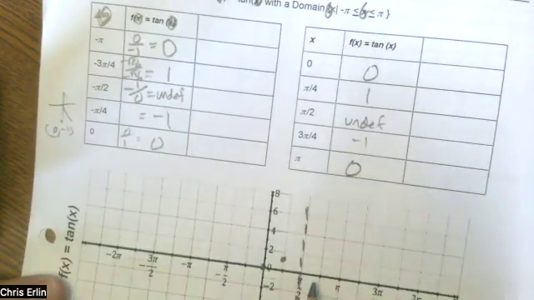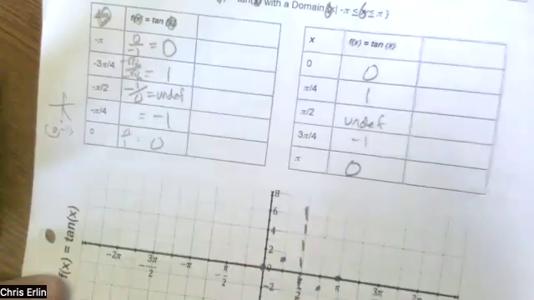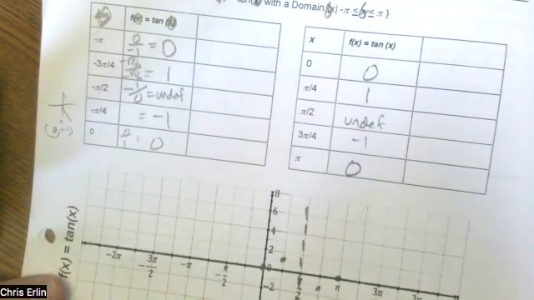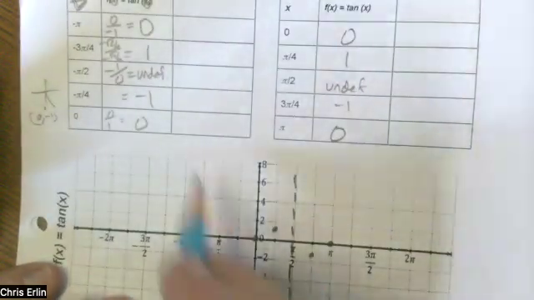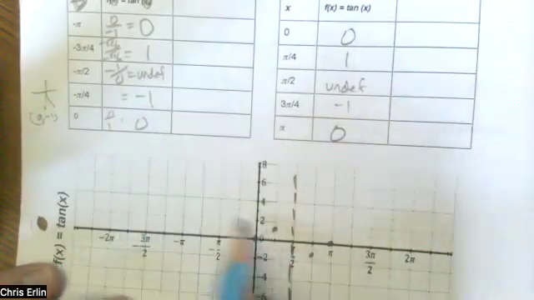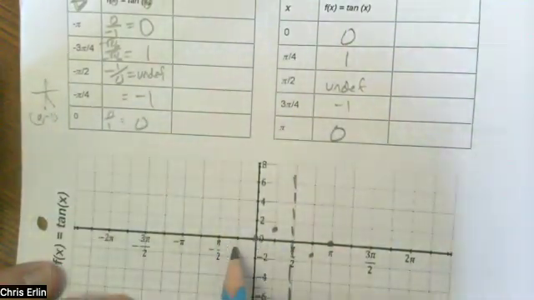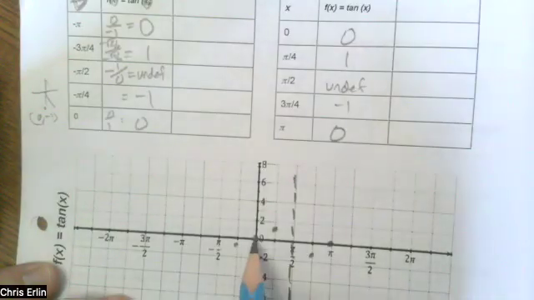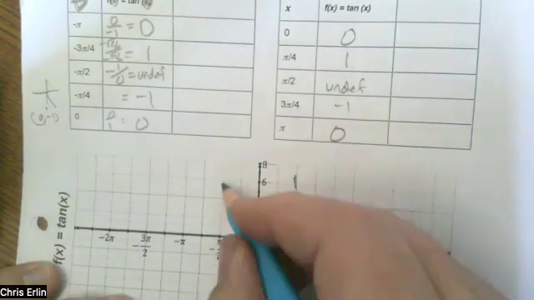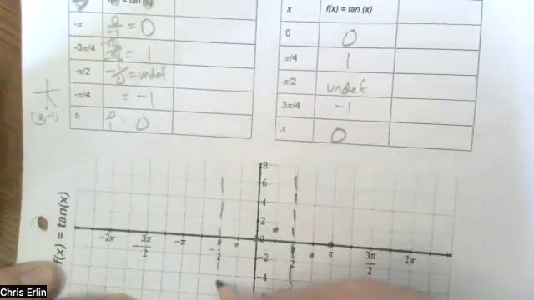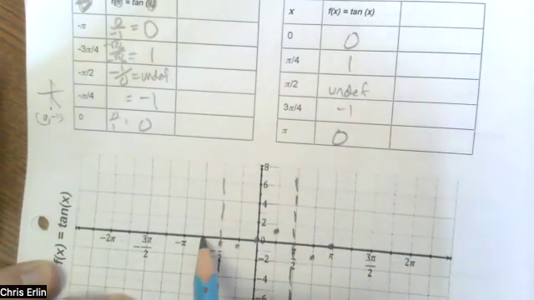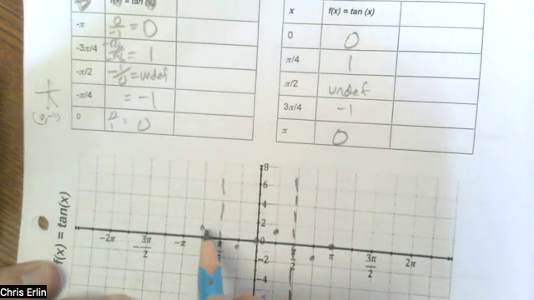Then I look at 3 pi fourths. That's at negative 1. Pi is up at 0. That doesn't look helpful to me, does it? Well, let's try this part. 0 is 0. Negative pi over 4 is negative 1. Negative pi over 2 is undefined. Negative 3 pi over 4 is at positive 1. Negative pi is at 0.